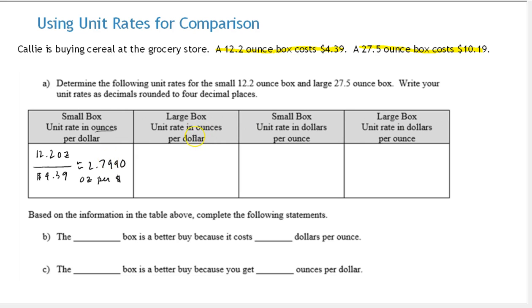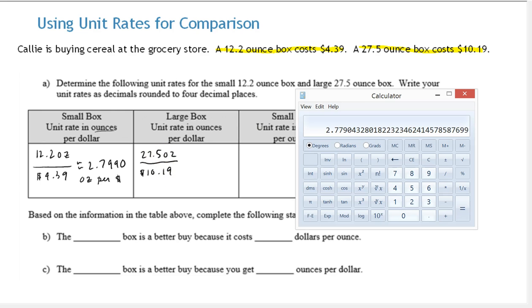Now we're going to find the same unit rate but for the large box. So we want ounces per dollar, so 27.5 ounces over $10.19. Now I'm going to divide 27.5 by 10.19 to find the unit rate.